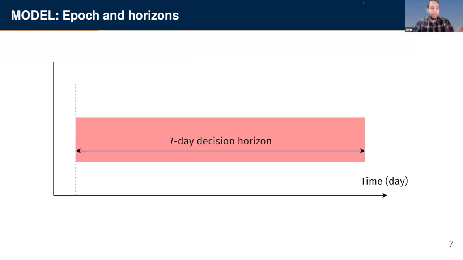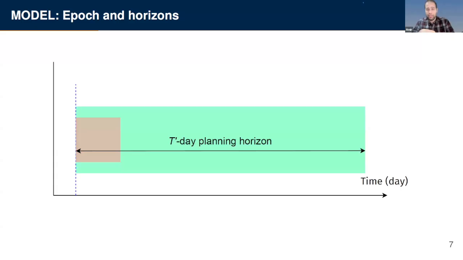We also consider a decision horizon, a T-day decision horizon. This is a period of time where we could start the first appointment of each of the referrals, right? So, for example, let's consider a 7-day decision horizon. Depending on how many patients we have on the wait list, we could actually start scheduling some of them. However, we extend that decision horizon to a T prime day planning horizon. This is a little bit different, right?